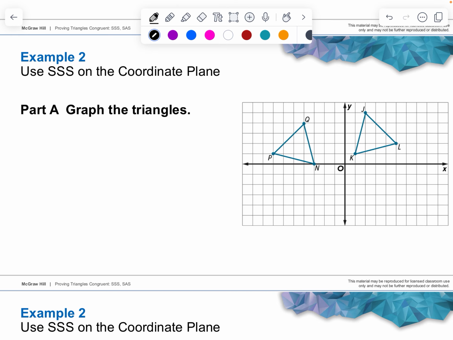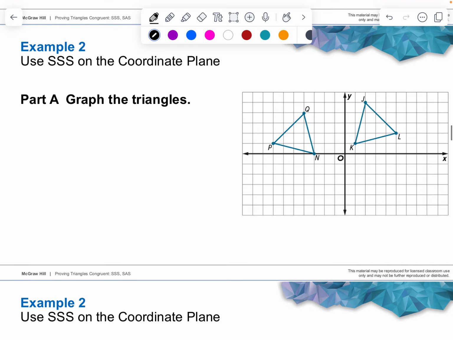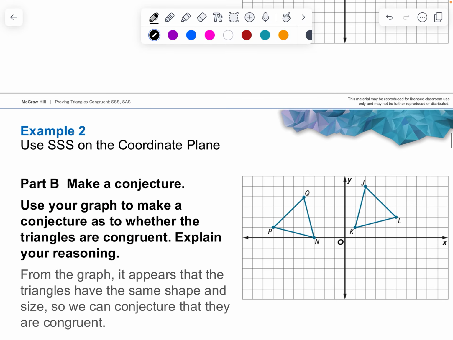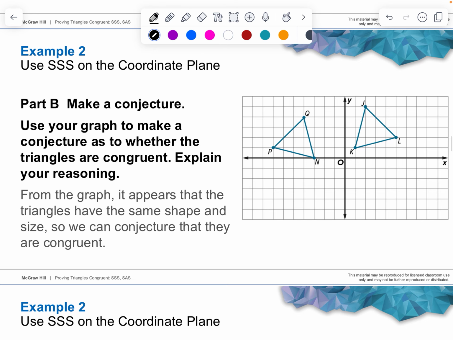Okay. So first thing, go ahead and graph your triangles. Get all your points in there. Make sure they're in the right spot. Or pause me if you need to. All right. On the next spot, make a conjecture.